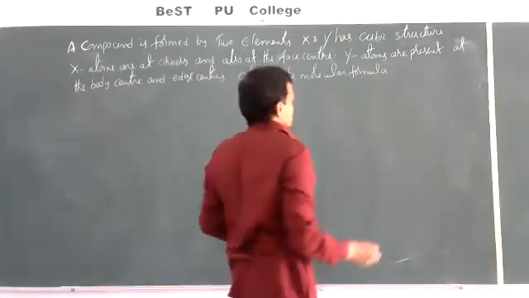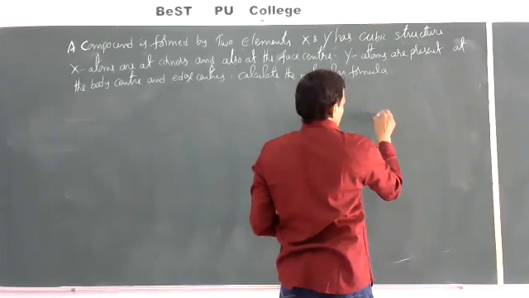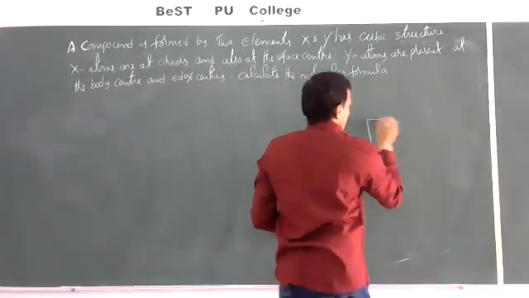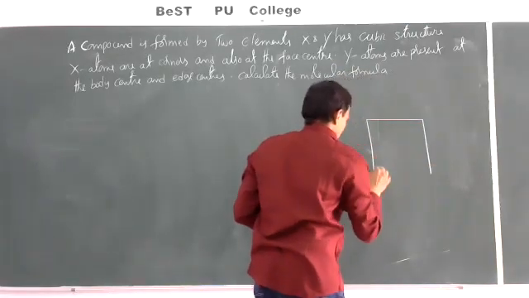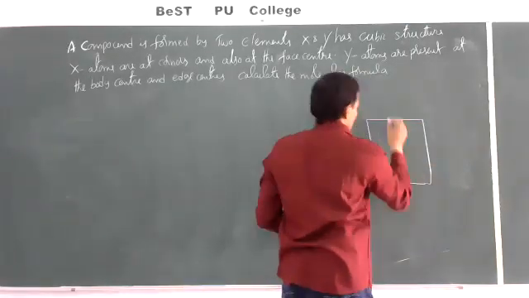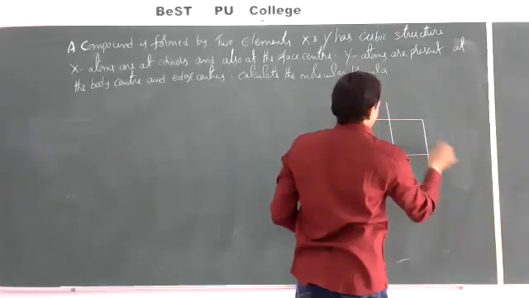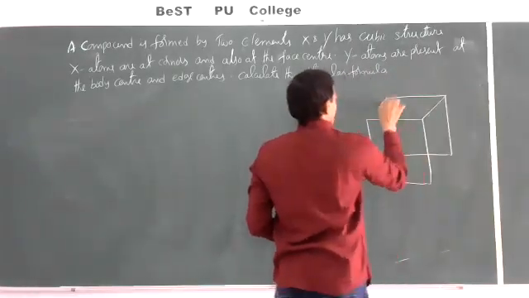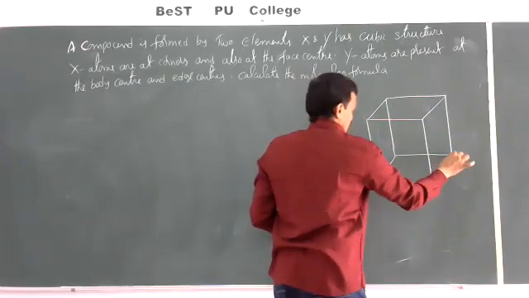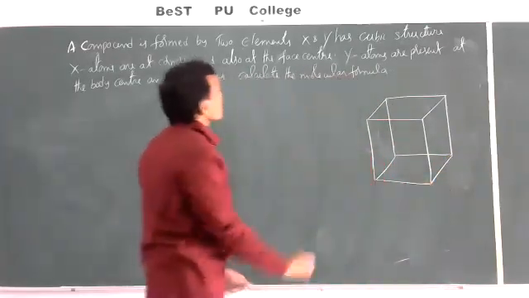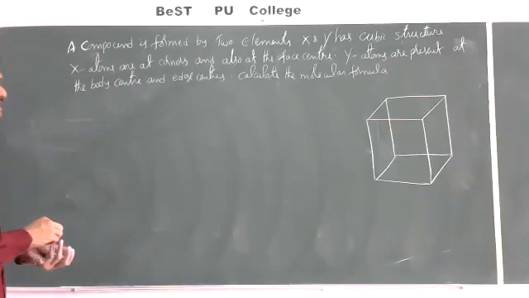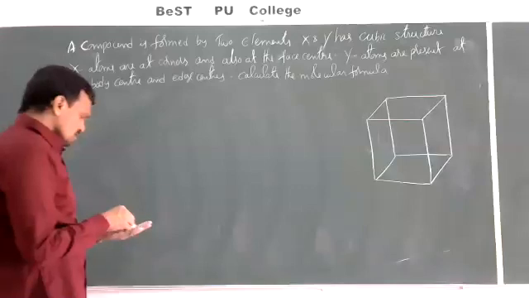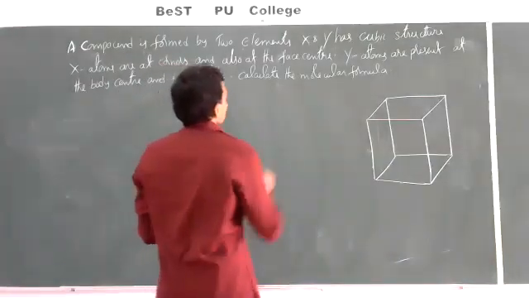First, I'll take a cubic system. This is a cube. See, X atoms are present at corners and also at face centers.